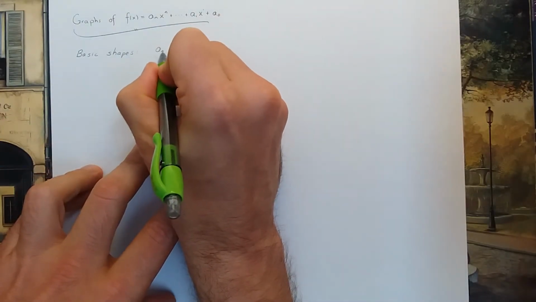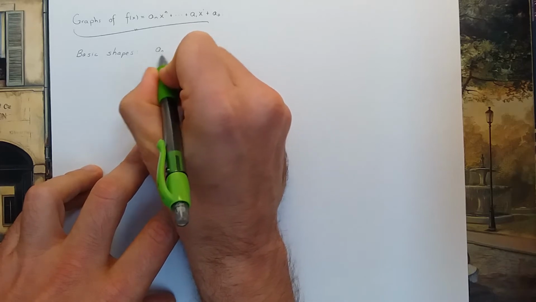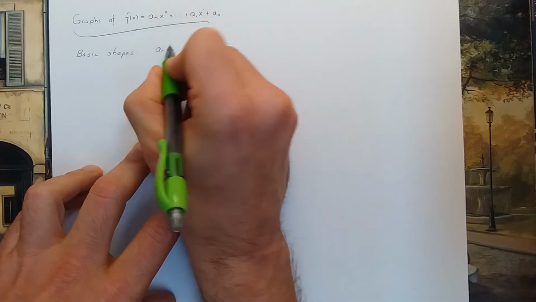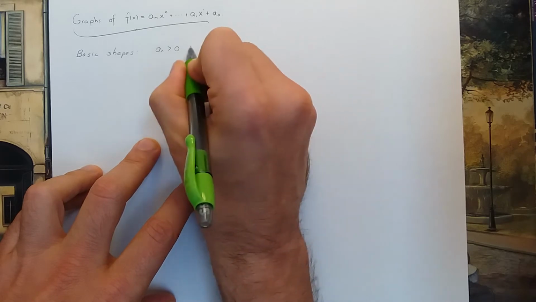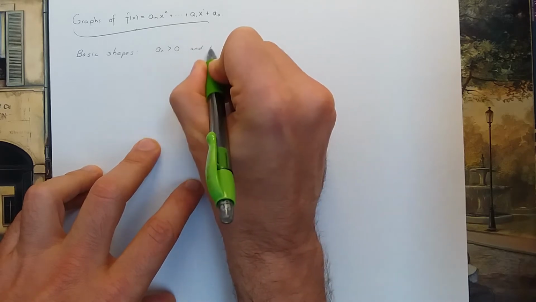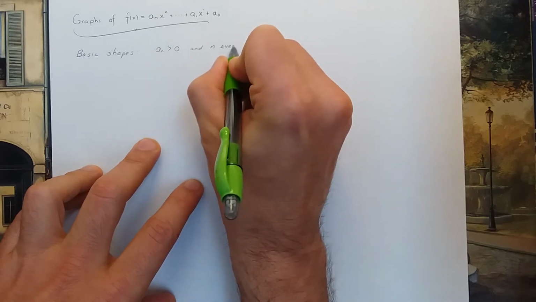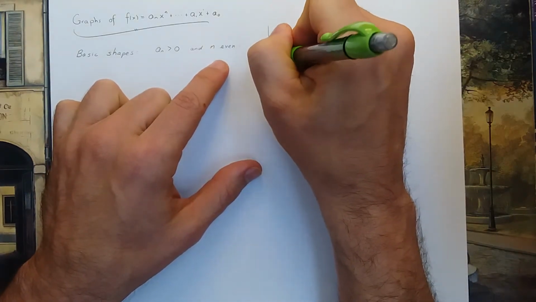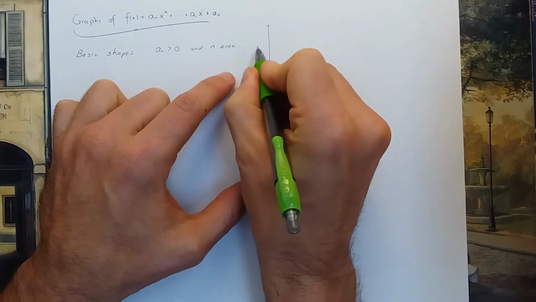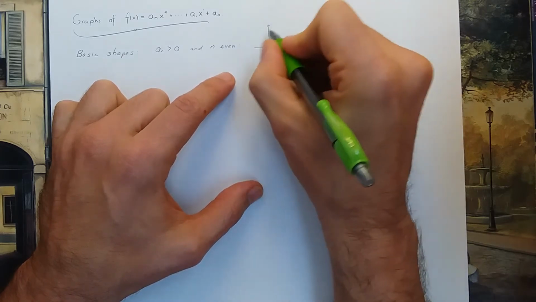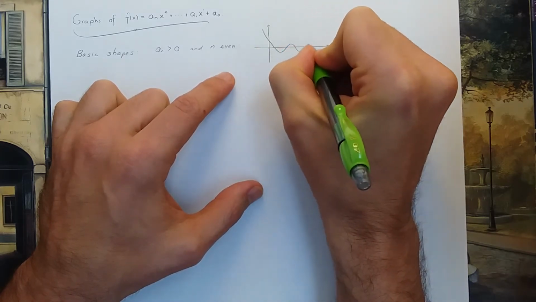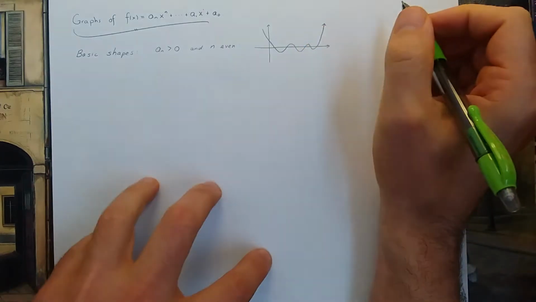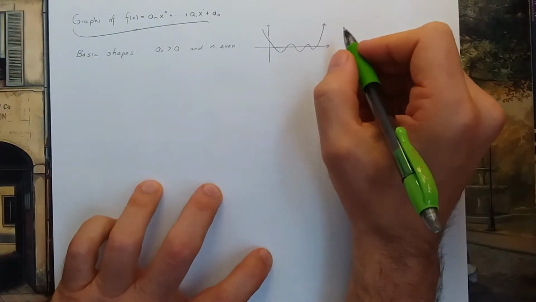The first I will consider is when the coefficient in the highest degree term, a_n, is positive, and additionally, n is even. So in this situation, the graph of a polynomial could look something like this. There are a few things I want to point out.